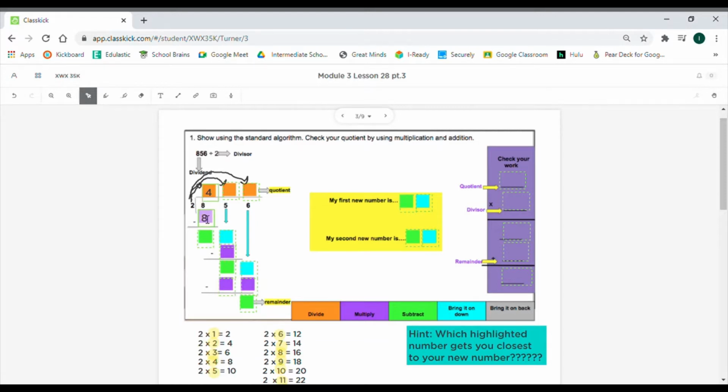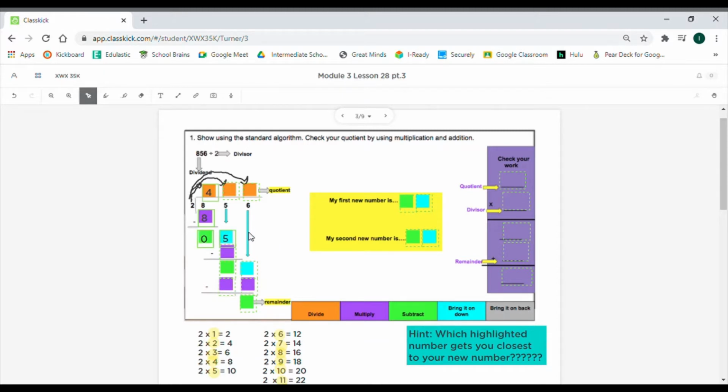You'll know which numbers you're subtracting because you'll see a subtraction symbol next to those two numbers. 8 minus 8. Yeah, 0. Next is bring it down. You'll notice there's an arrow pointing from the number that you're going to bring down. So we're going to bring down 5.